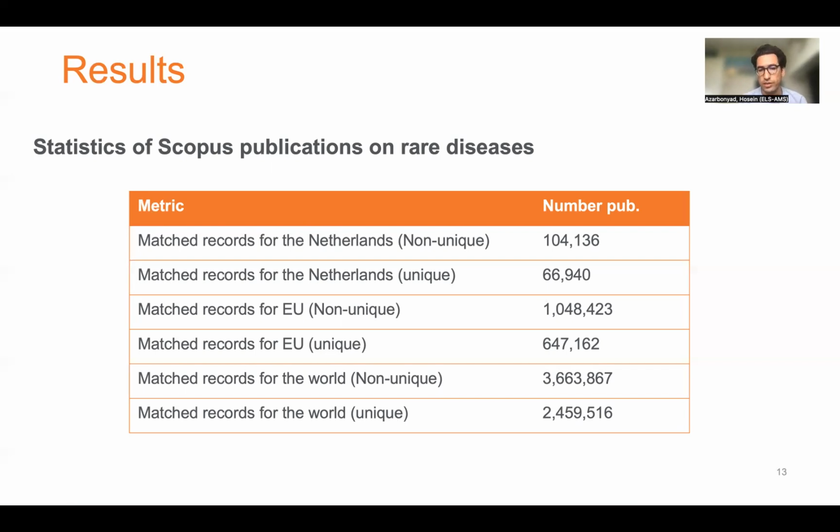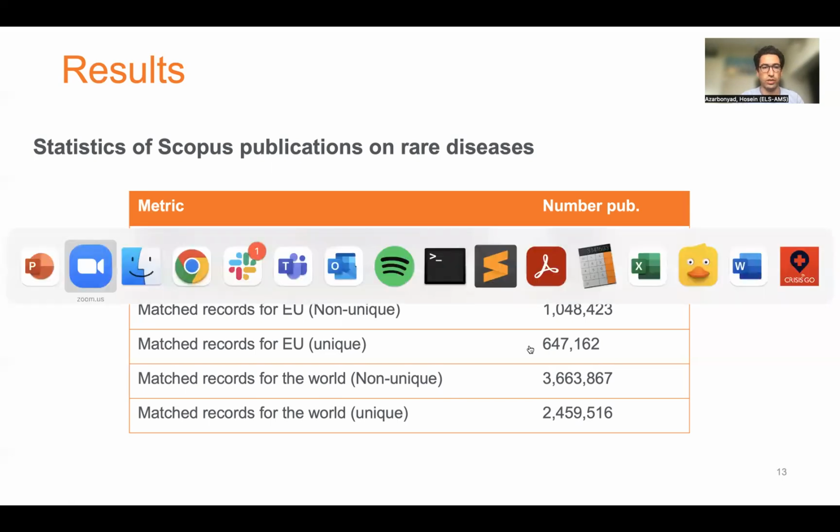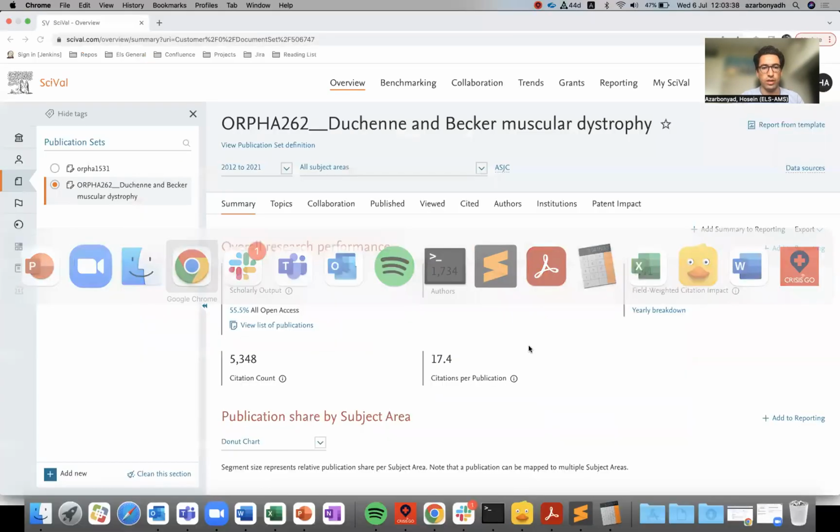As an intermediate step, we imported this data into SciVal, which is another product of Elsevier, and I just want to show a dashboard that we have there. But again, this is not going to be the final product. The final product will be a standalone product outside SciVal.